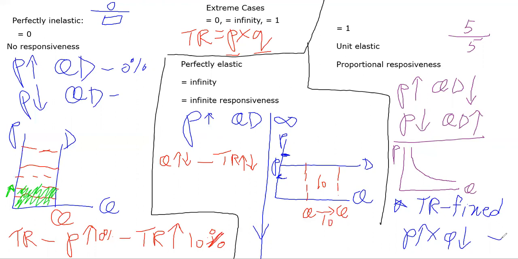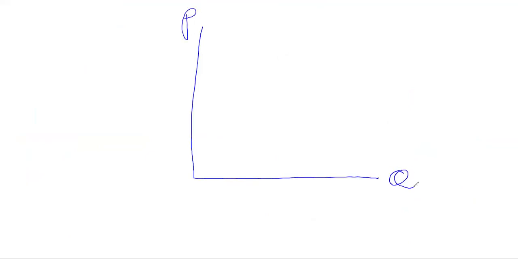So to put it simply, if I can just clear this slide, if you really look at it, you have price, you have quantity, and let's make it in a different color. So this is perfectly elastic, right, which is a value of infinity.